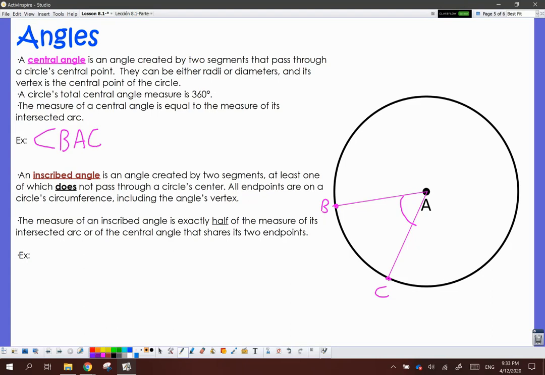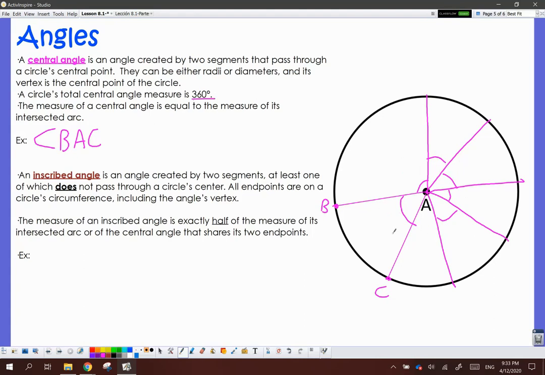Now, what we need to remember about central angles is that a circle's total central angle measure is 360 degrees. Maybe you've heard that before, which means that if I make different central angles, let's say all of these central angles, and I would measure each one, their measures would all add up to 360 degrees.